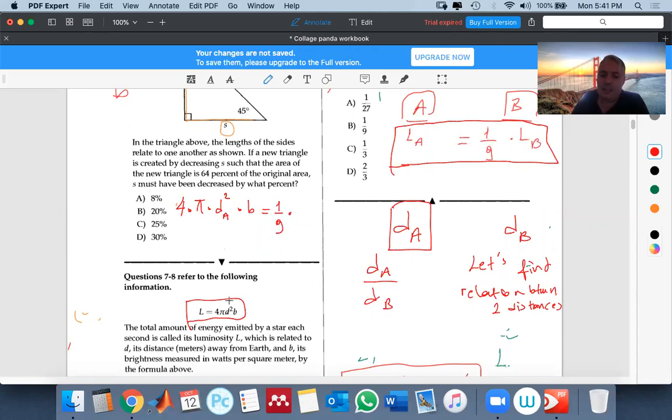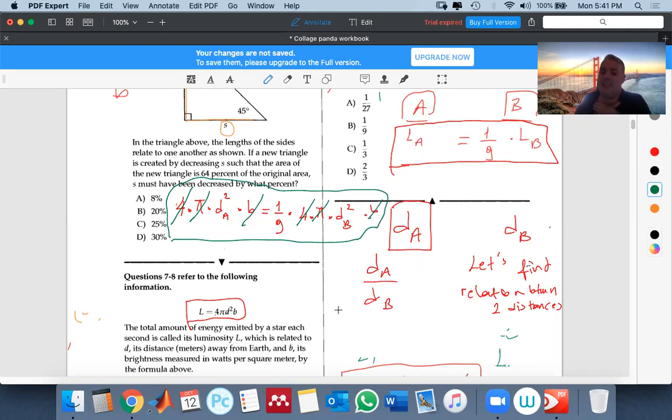What is LB? Same formula. 4 times pi times dB squared times b. Now, when you look at this equation, if there is something in common on the right and the left, cancel it out. 4, 4, pi, pi, b, b.